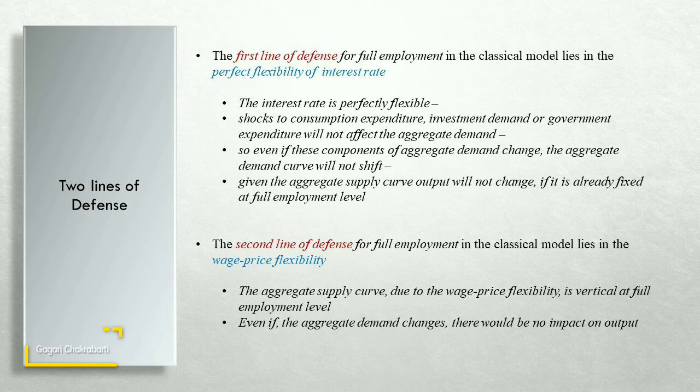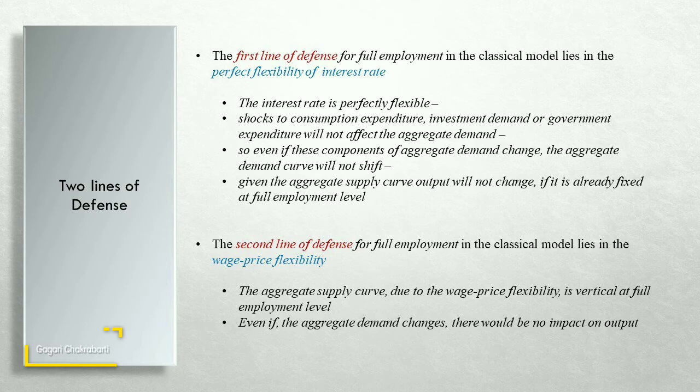So that the aggregate demand shifts when one or more of its components change. There is a second line of defense for full employment in the classical model, and that lies in the wage price flexibility.